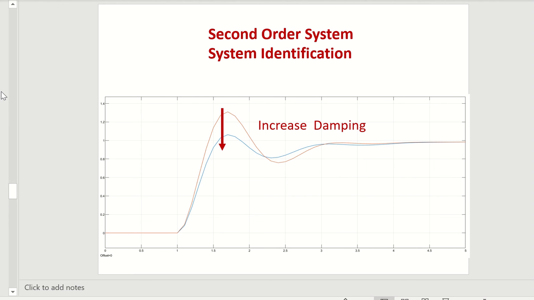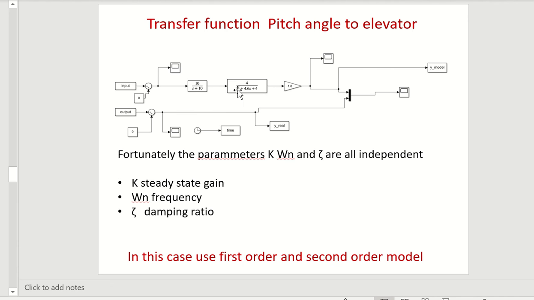We might use a model of this form, which is a first order lag and a second order lag. The first order lag just affects the start of the transient response. So if your start transient response is a bit fast, you could make these numbers smaller. If it's a bit slow, you can make those numbers bigger. But you can have a practice with this, and we'll do an example in a minute.